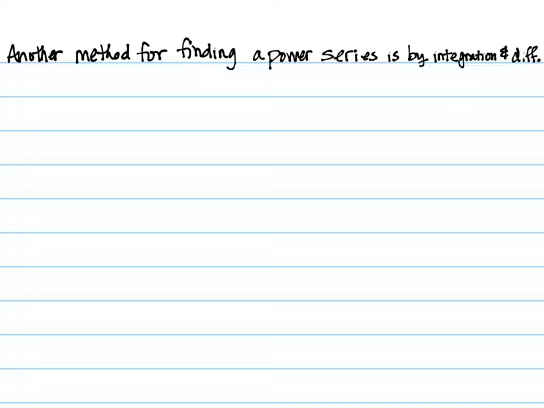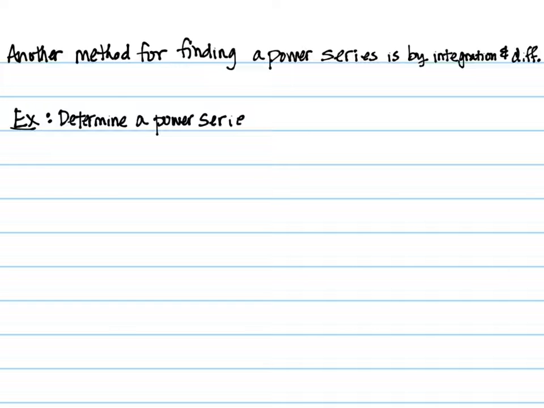And let me show you how the problem starts every time. So the directions look just like what we had before. Determine a power series and interval of convergence. And our question will start out looking like this.